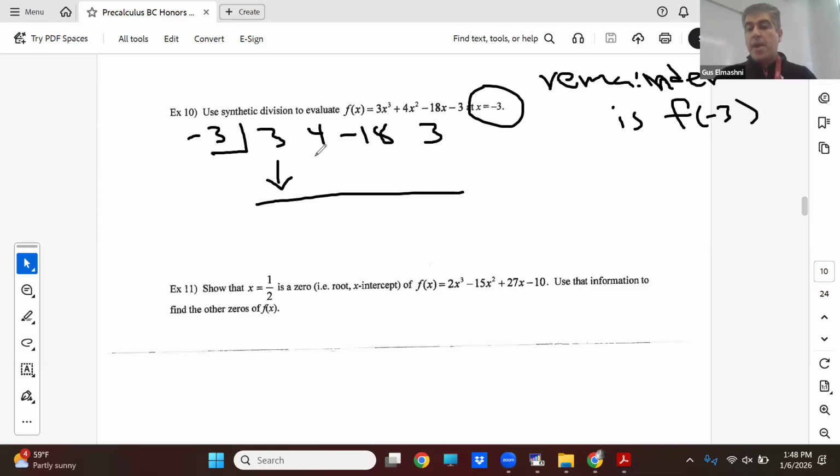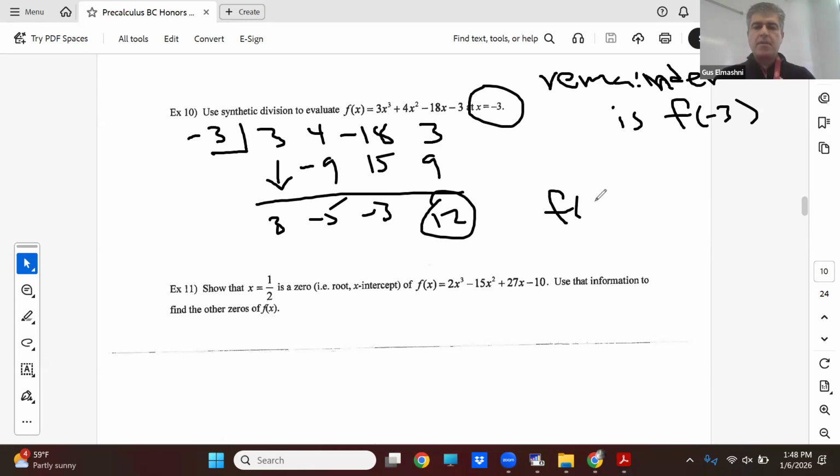So the remainder is going to be f of negative 3, and you guys know the process. If it's 0, then it's a factor. But if it's not, the remainder is going to be the output. That's called the remainder theorem.